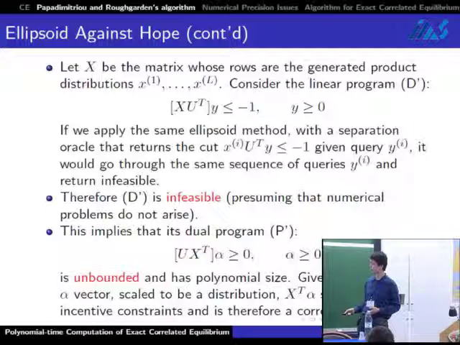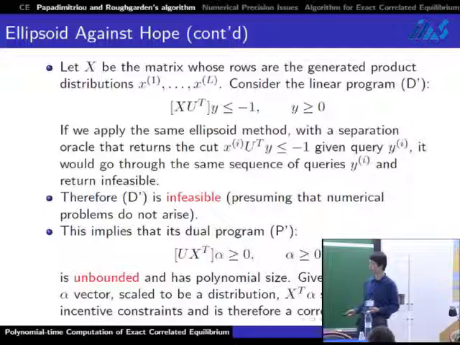Then we observe that X transpose alpha satisfies the incentive constraints, because if we group X transpose alpha together, then U times that is greater or equal to 0. So therefore, that gives us a correlated equilibrium.